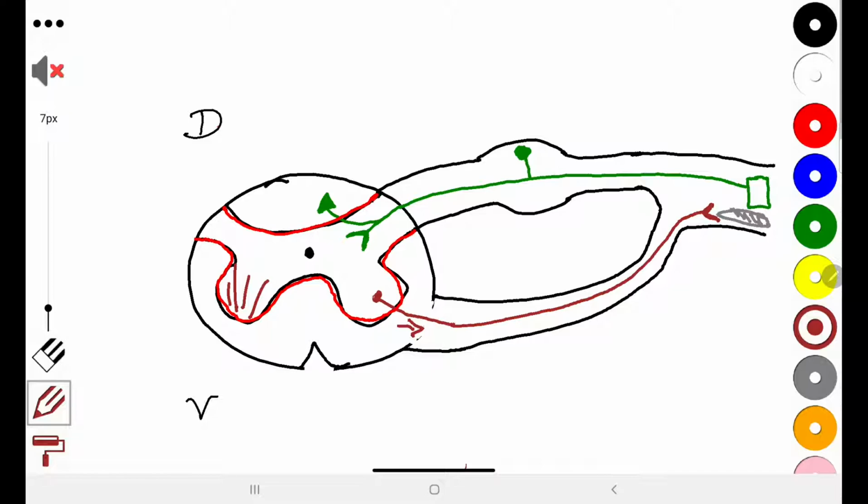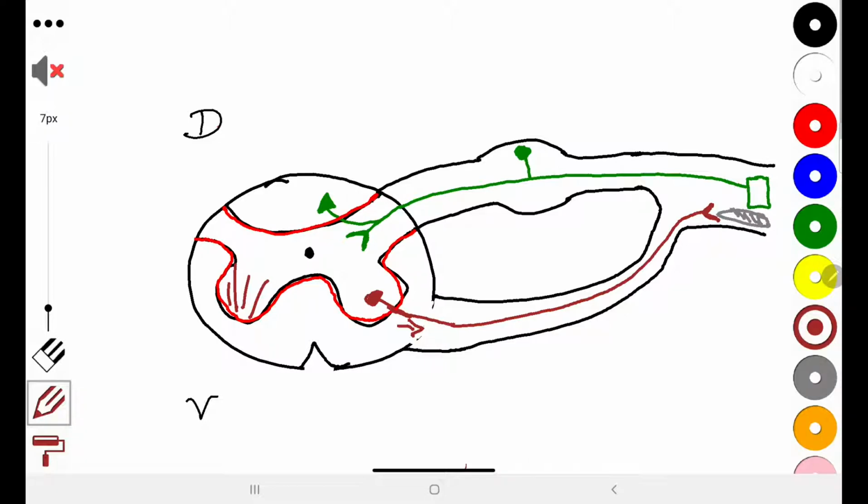Whatever is emanating from here, going out of the spinal cord, is going to innervate muscle. So the cell body is around there, making it even darker. Then you have the horns themselves, the ventral horns.